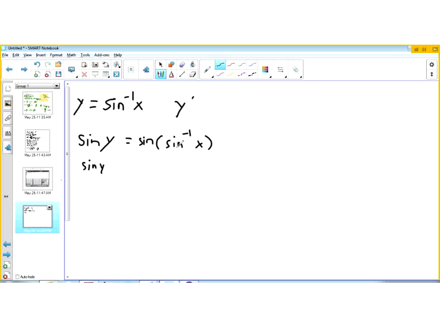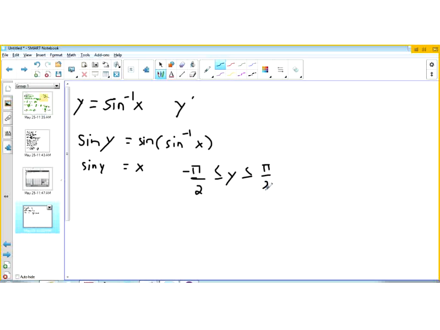Knowing that a function composed with its inverse is equal to the argument, we have sine y is equal to x. This is valid only if y is between -pi/2 and pi/2.